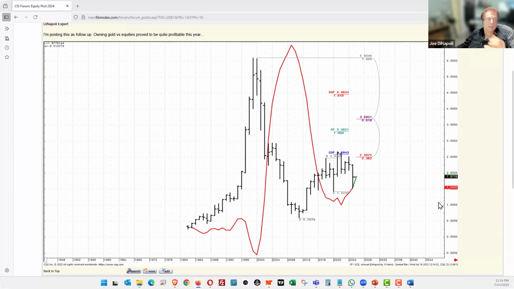Well, it tells me that the US dollar is no longer the reserve currency. We may use the US dollar in transactions, but it's no longer the reserve currency. Gold is. Yeah, and I remember posting this chart back at the end of 2024, Joe. And I said, well, it looks like it's a year where you'd rather want to own gold than equities, and it seems to be that's the case. So, yeah.